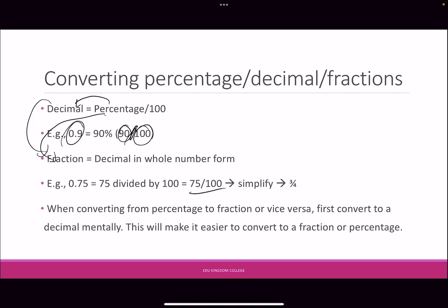Or really, you should think about it as a fraction is what we get halfway through converting to a decimal. So think about dividing it by 100 first, but then leaving the 100 there. So you have a dash, and then you have that 100. You simplify it, and then that is your fraction.